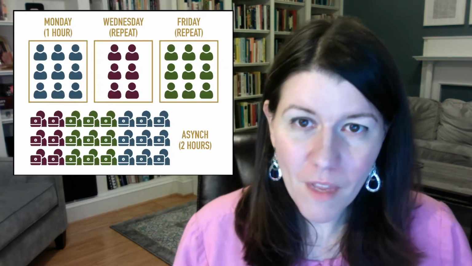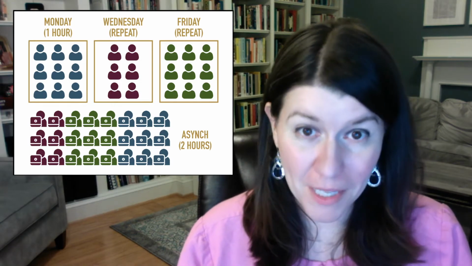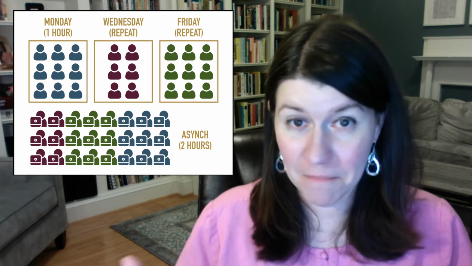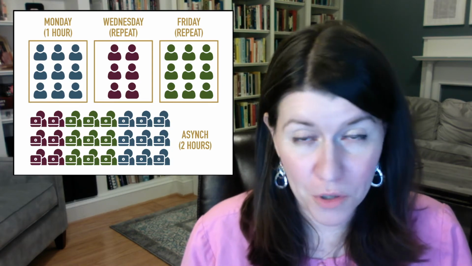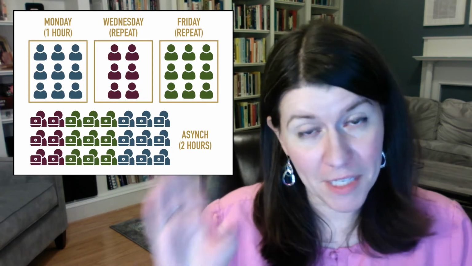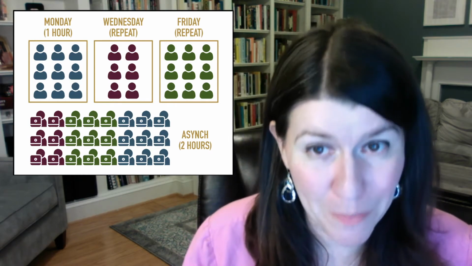So I just want to remind you, if it's been a while since you watched the last video about blended with rotating cohorts, this is a standard example of what a blended with rotating cohorts course might look like that meets on Monday, Wednesday, and Friday and has 24 students in a classroom that fits 9 people.